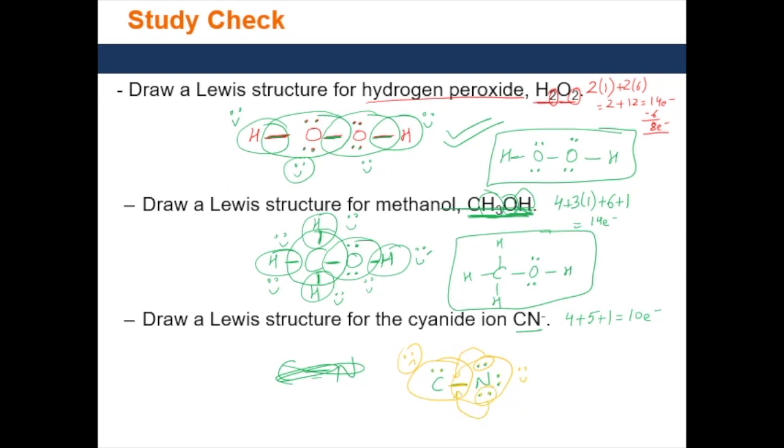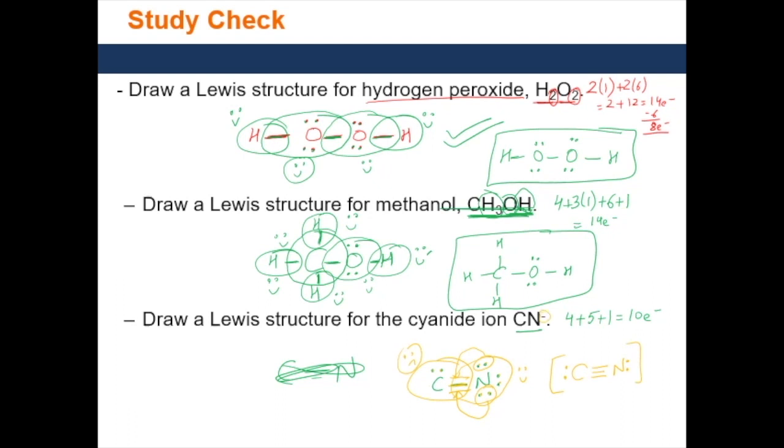This nitrogen will donate, or not donate, but share 4 more electrons. So it will share this lone pair, that would make 1 bond. This lone pair would make a third bond. So basically this would consist of carbon triple bonded to nitrogen. This nitrogen will have 1 lone pair. This carbon will have 1 lone pair. And since there is a negative charge, do not forget that.